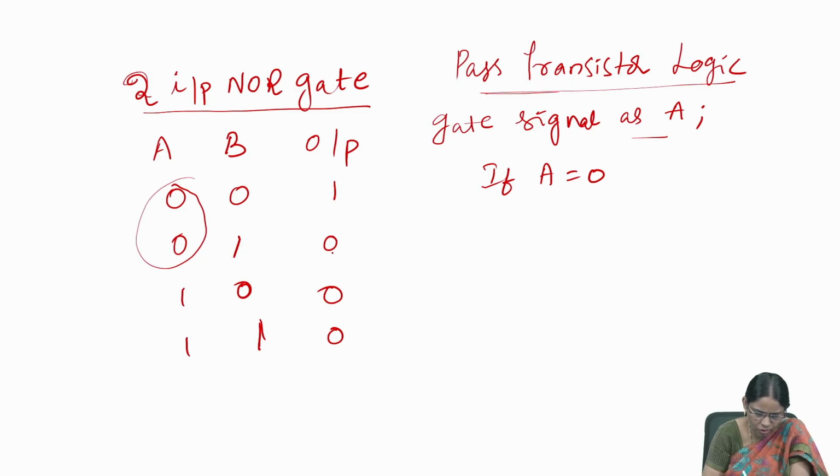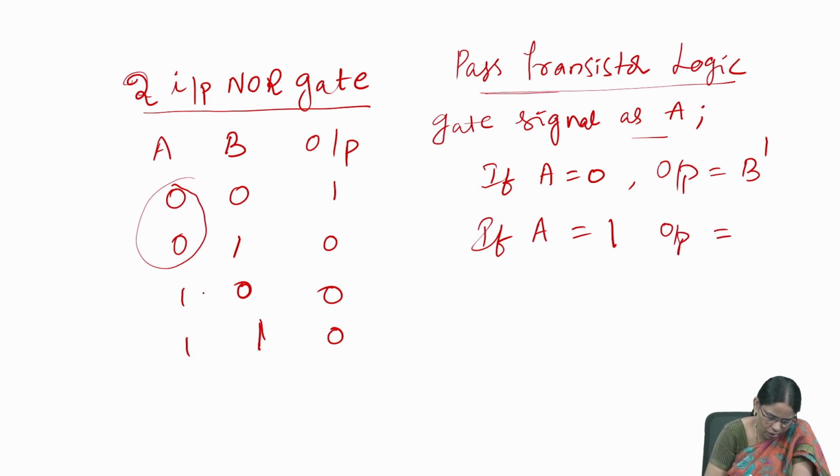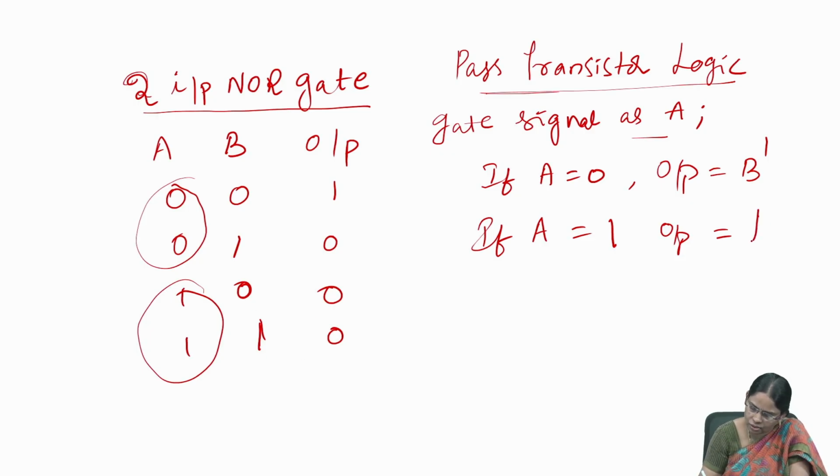If B equals 1, output is 0. That means my output is B complement. And if A equals 1, irrespective of the B input, the output is logic 0.